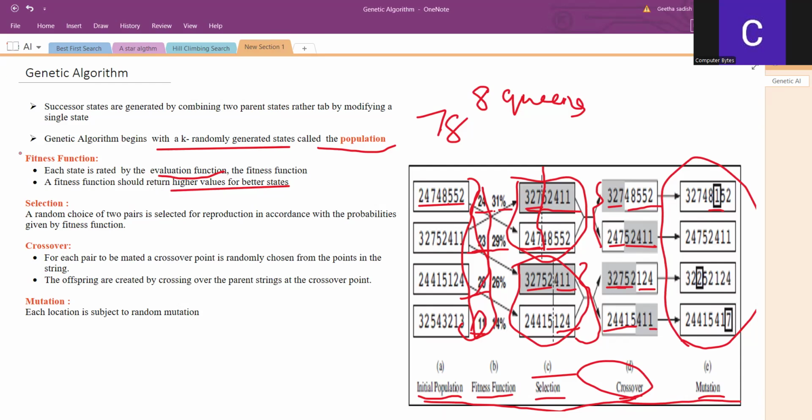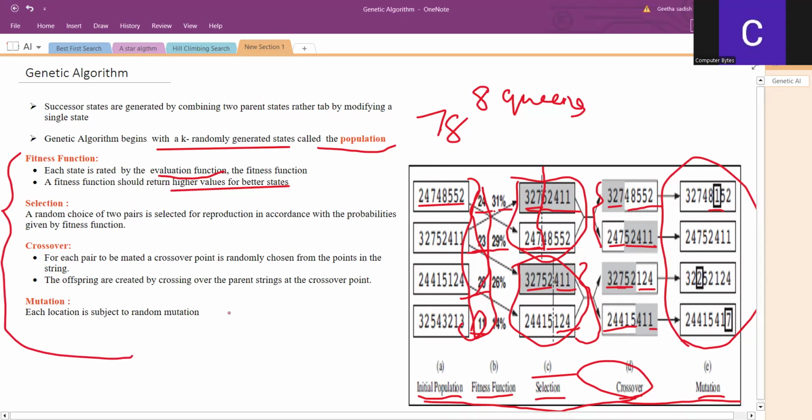So these are the different stages that exist in the genetic algorithm. Fitness function is used to rate each state. A higher value means a better state. Selection helps to randomly take 2 pairs for reproduction in accordance with the probabilities based on the fitness function.